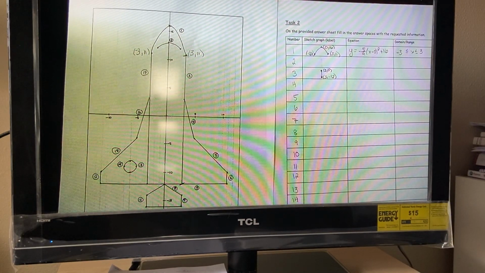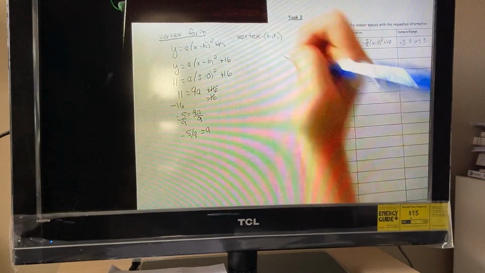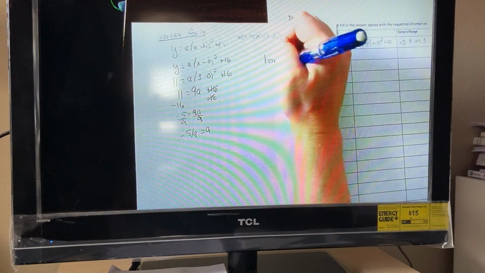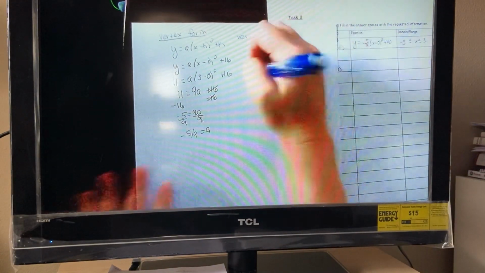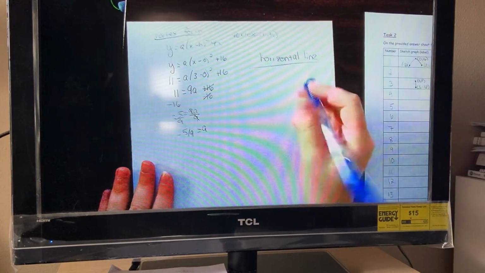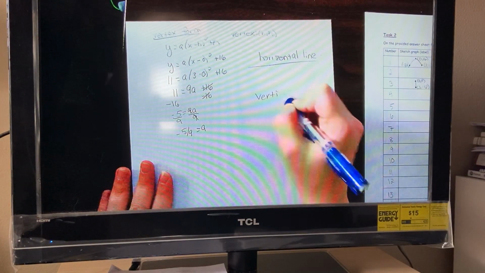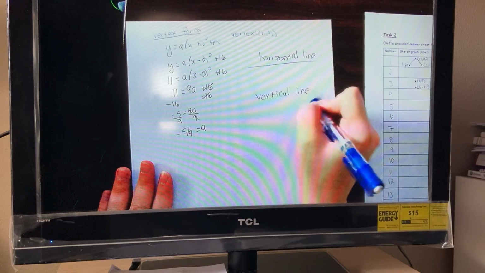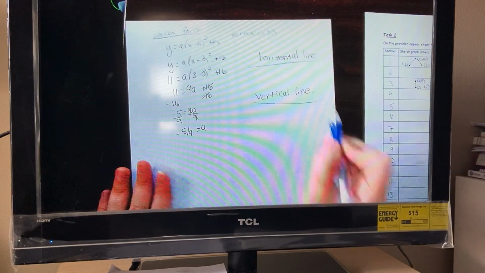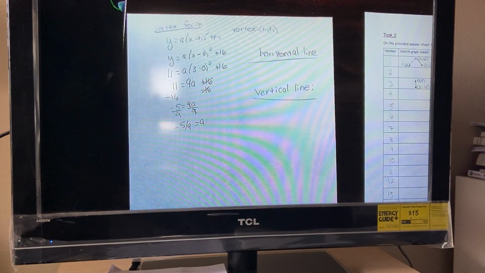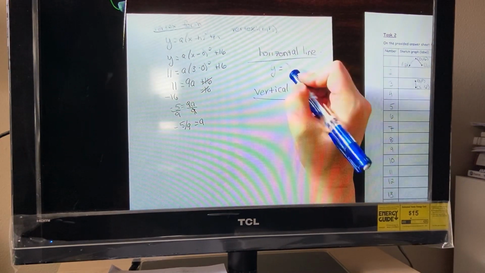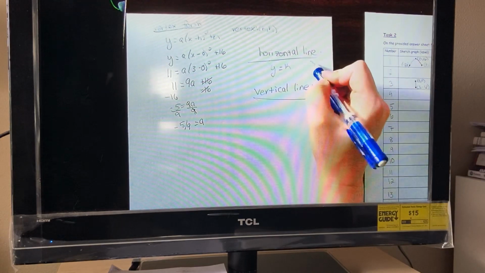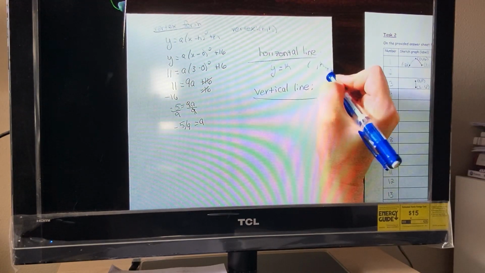This is extremely simple because it's a horizontal line. All horizontal lines have the same equation, okay? And vertical lines have the same thing. Okay, so horizontal lines are always going to be y equals whatever the number is that's in the y section.